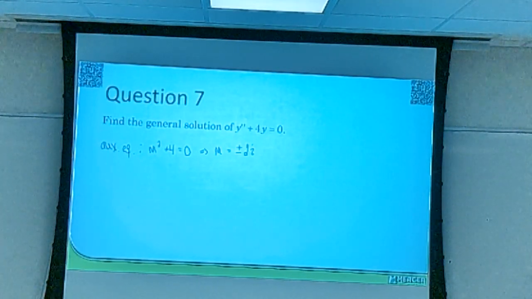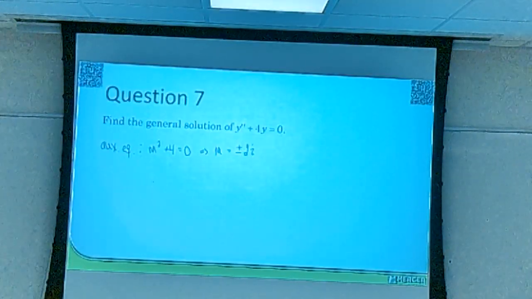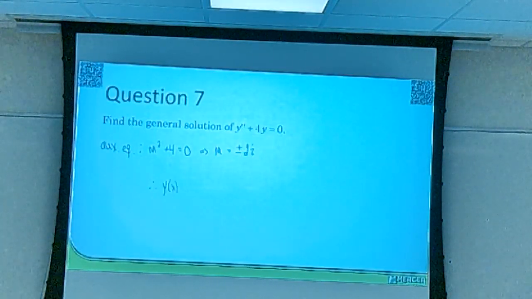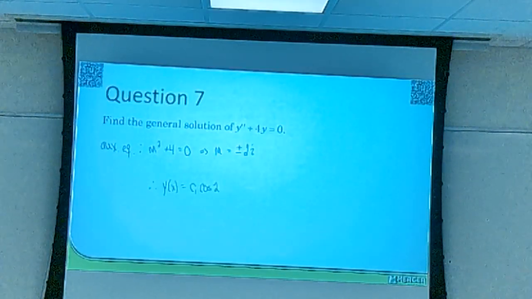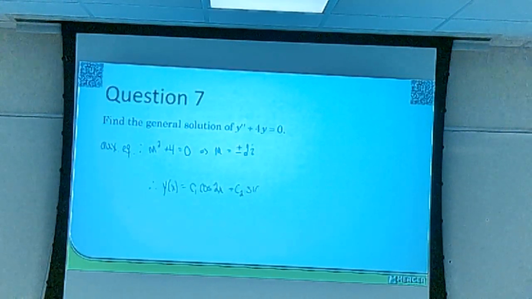Well, what's e to the 0? That means we have no e. And there's the general solution. Where does the e come from? It comes out of the derivation.